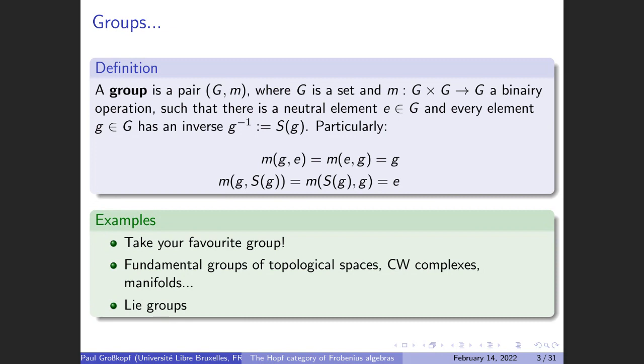I suppressed here that we also want associativity. But particularly for the rules concerning the neutral element or the inverse, we have these two formulas. I wrote them like this because we want to look at groups in a different light, and the way we do that is by generalizing these formulas here.